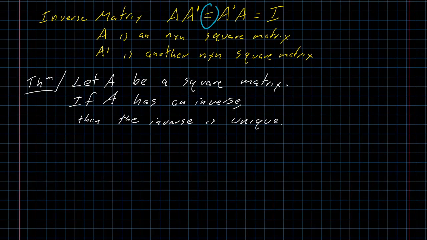Notice first thing here, I am not claiming that every matrix has an inverse. And in fact, we'll see a little bit later that not every matrix has an inverse. I am claiming that if a matrix has an inverse, then the inverse must be unique.